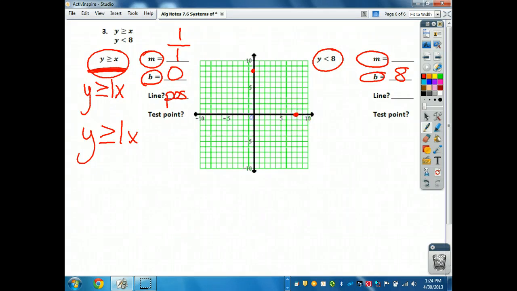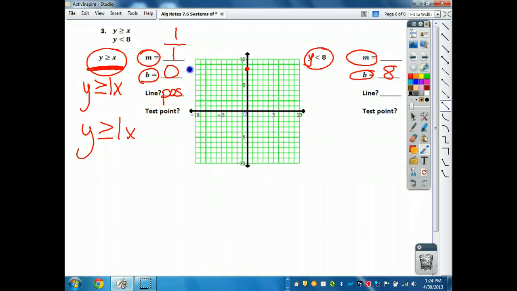On the y-axis. It's the y, so on the y, not the x. On the y is the 8. And is this a dotted line or a full line? Dotted.